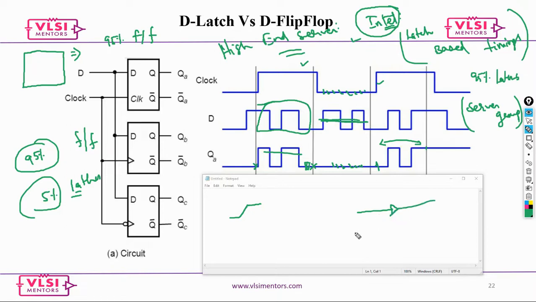What is the use of a buffer? The transition is something like this. The buffer would just boost the signal transition and send it. So at the input of the buffer, your transition is say 300 ps.